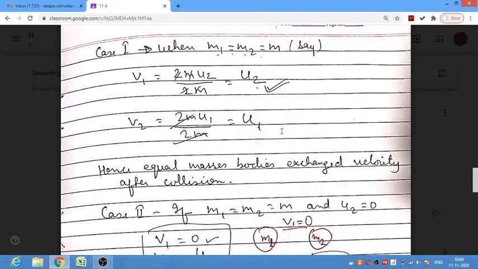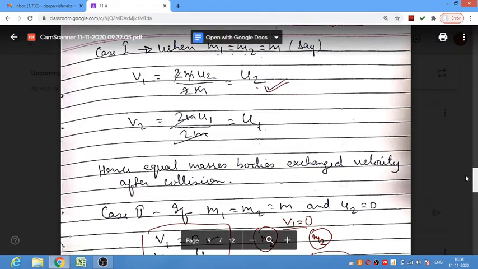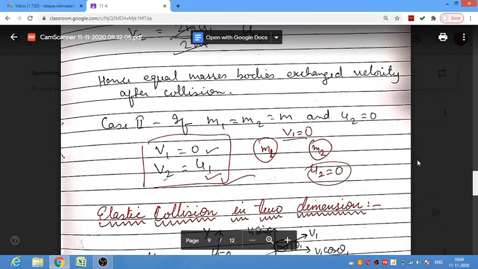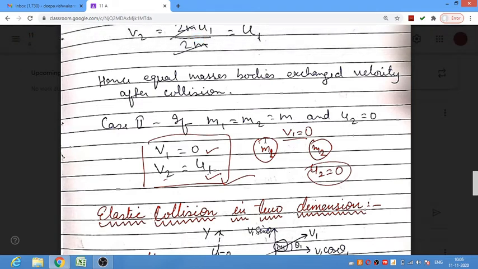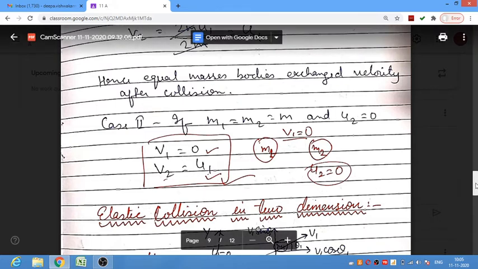Both the velocities get exchanged after collision. Now case 2: if m1 and m2 are equal to m and u2 is equal to 0, meaning the second mass is at rest, then the final velocity v1 will be equal to 0, and v2 will move with the velocity u1. So this is case 2.